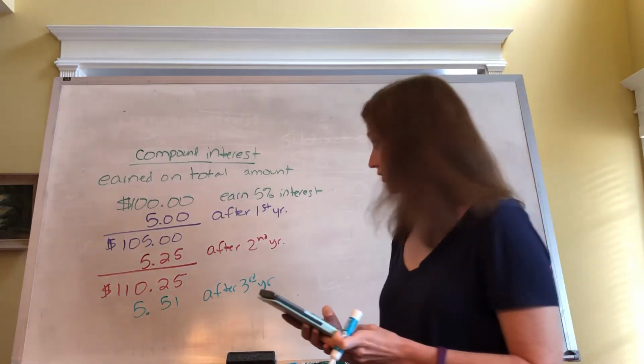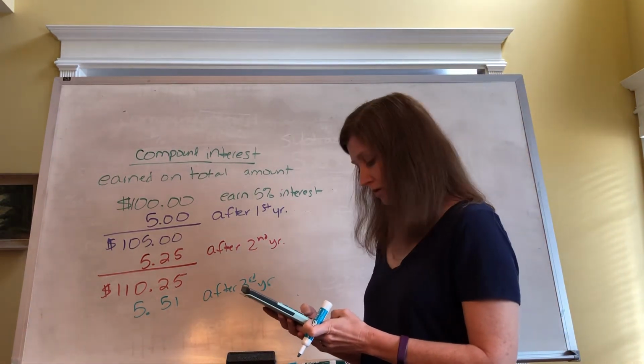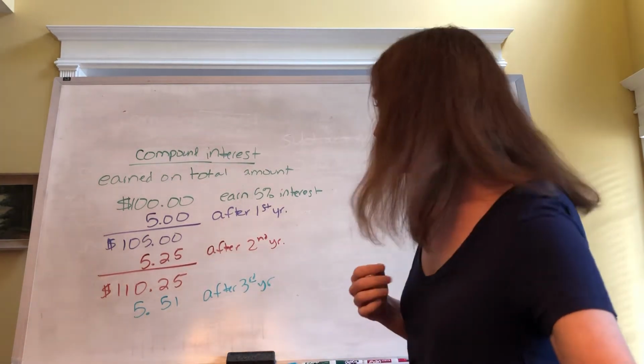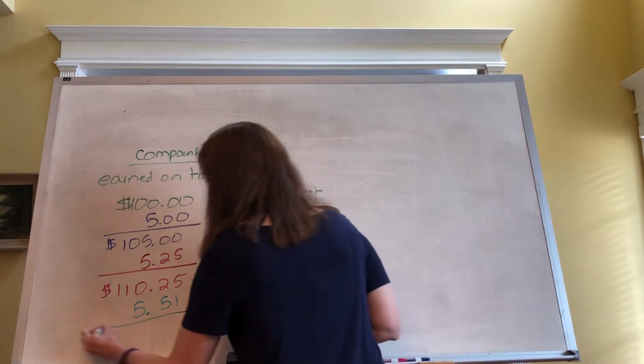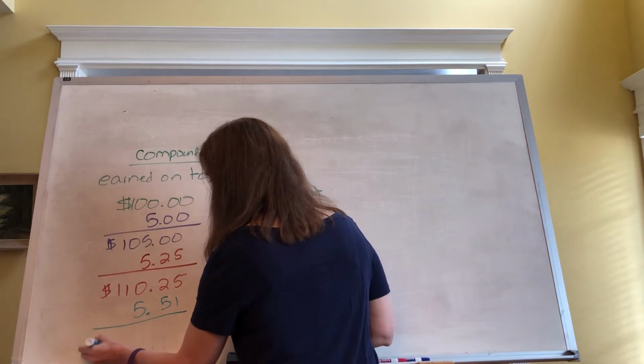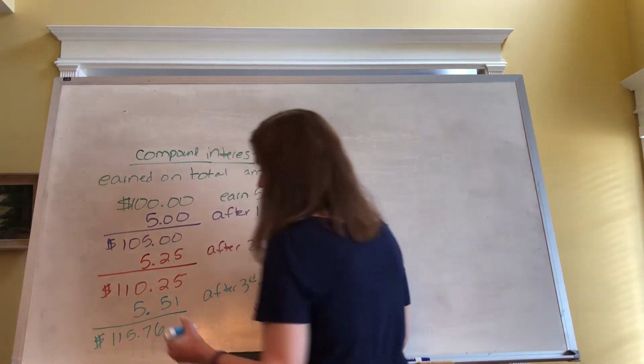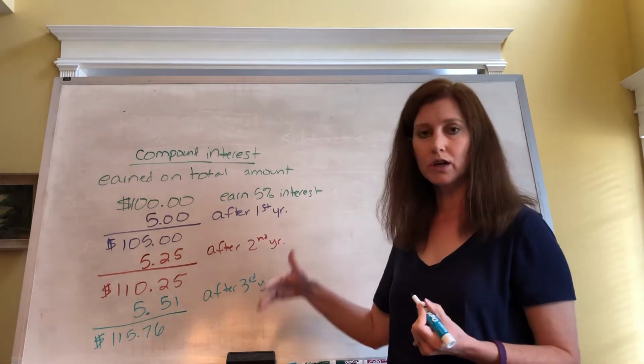And this is why I get to use your calculator. Yeah, it is 51 cents. So then that total, after the third year, you have 115 and 76 cents. So we just keep on going.